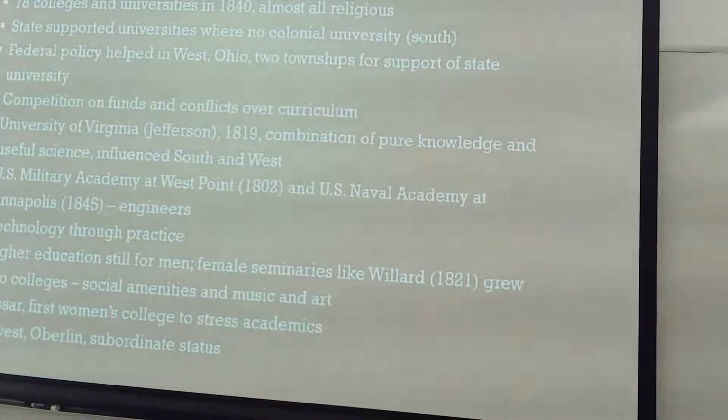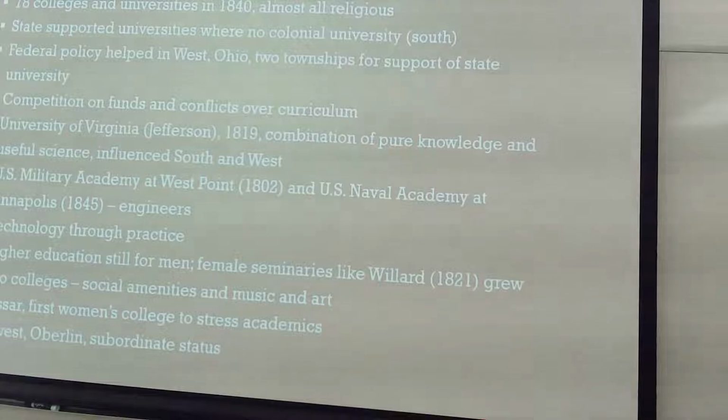And this is going to influence particularly the South and the West, kind of lends itself to the A&M schools, agricultural and mechanics, where, yes, you're learning the pure knowledge. You're getting Latin, you're getting Greek, you're getting philosophy.